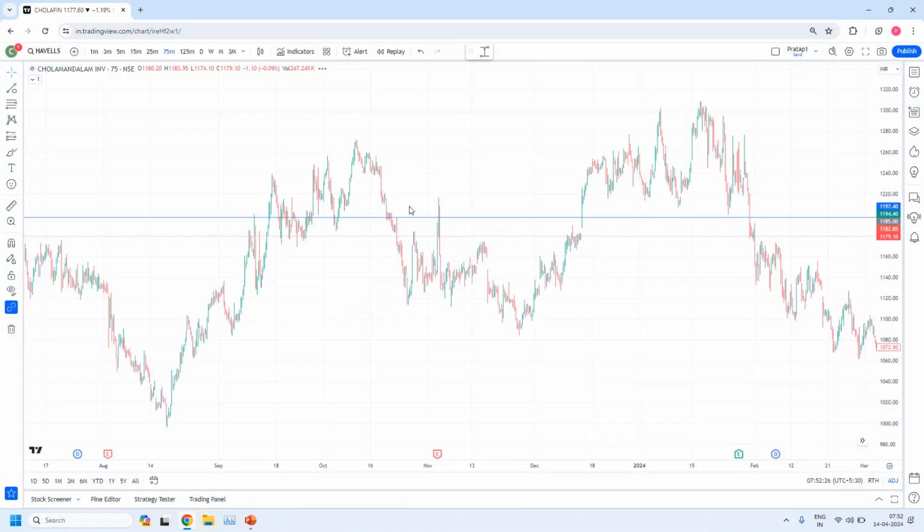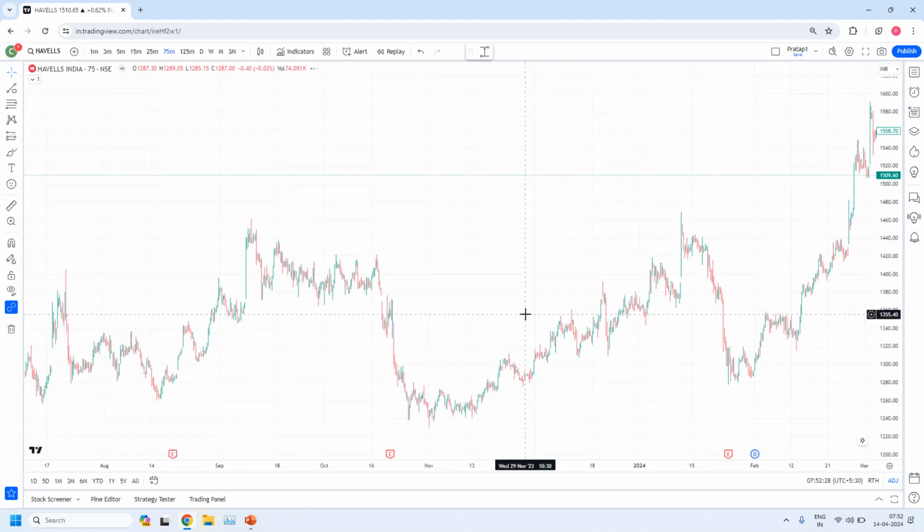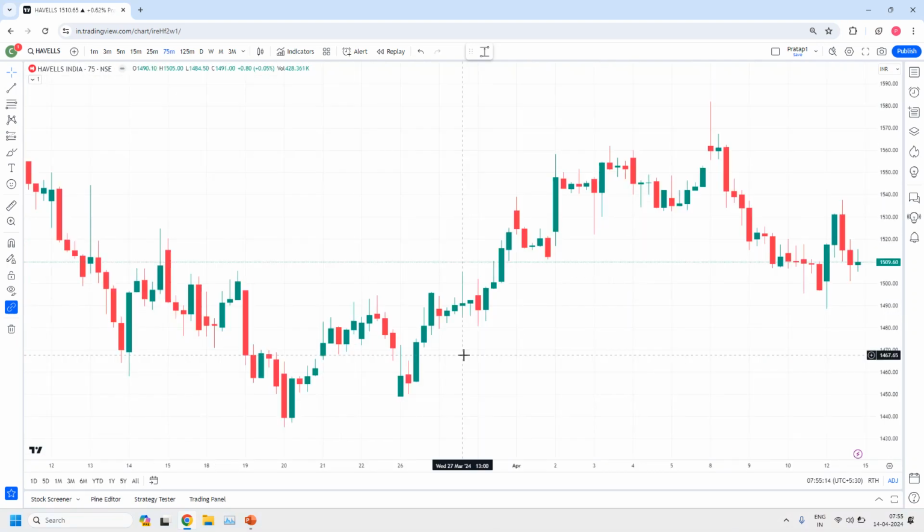Havells India, NSE stock I am opening. So this is Havells India. So 26th March 11:45. This is the one.